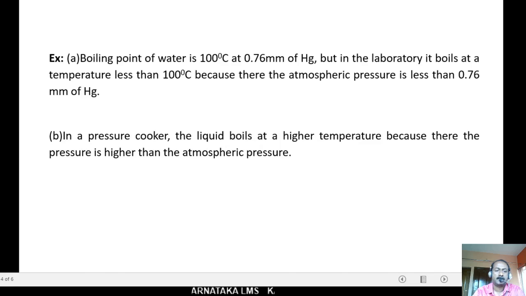Second example is the pressure cooker. Here the liquid boils at a higher temperature inside the pressure cooker because there the pressure is higher than the atmospheric pressure. These are two examples for boiling point of water.